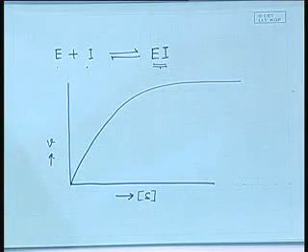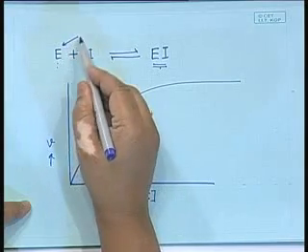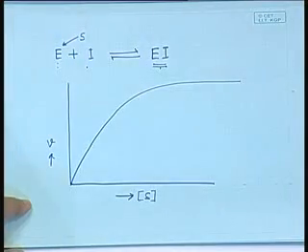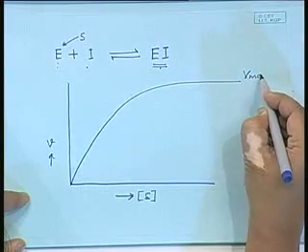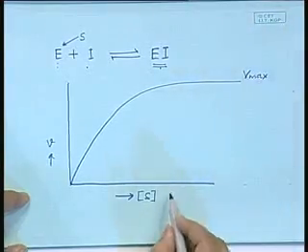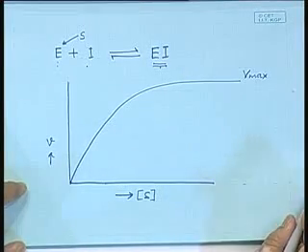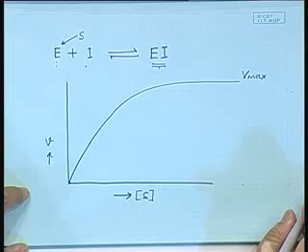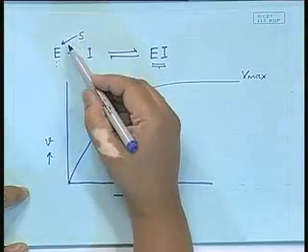So once the enzyme is available again, the substrate can form the enzyme substrate complex. This is my Vmax. If I increase the substrate concentration to a large enough value, my enzyme substrate complex can then form.